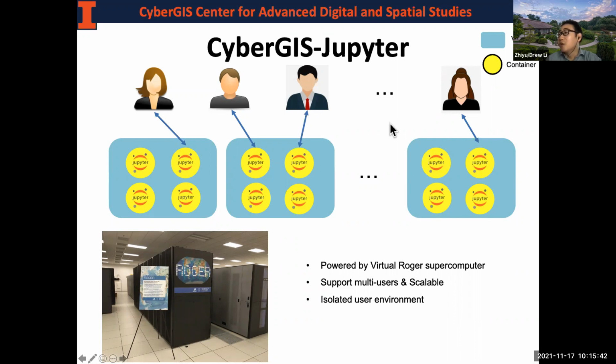And also, when you come to the CyberGIS Jupyter, you will be assigned to a virtual machine, and your CyberGIS Jupyter environment will run inside a container. It's called a Docker container. So in this deployment, we can support multiple users, and also it's scalable. So if we have more users coming in, we can spin up more servers.